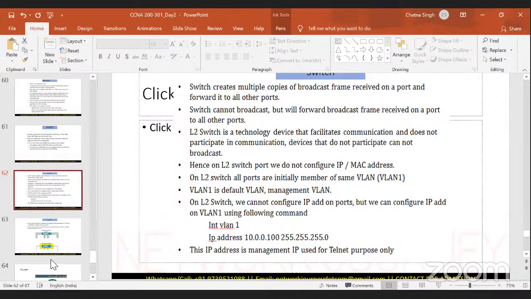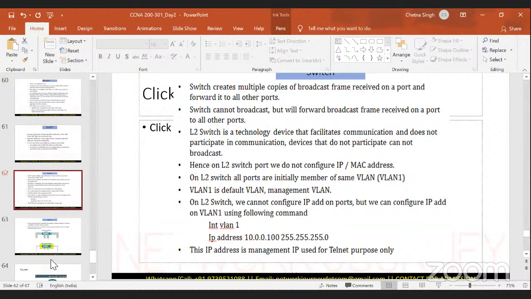Till that time, the frame is kept in the buffer, and there is no forwarding decision which we can take till I find the entry. So there is a latency in forwarding the frame, because that much processing is required to find that entry. Fine. Clear. Thank you.